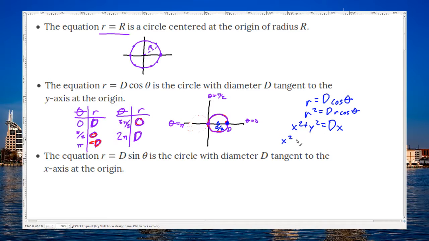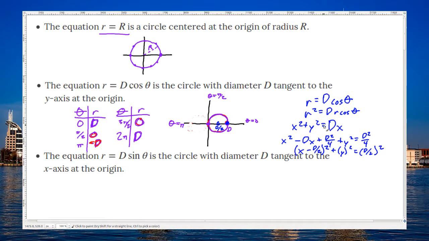And then r squared becomes x squared plus y squared, and r cosine theta becomes x, so x squared plus y squared is equal to d x. And by completing the square, adding d squared over 4 to both sides, I get x minus d halves squared plus y squared is equal to d halves squared.